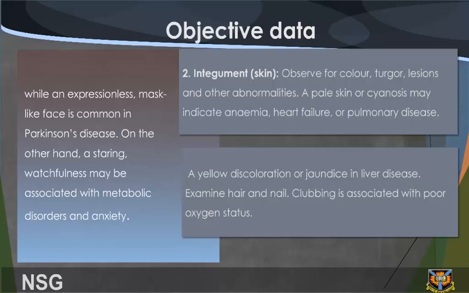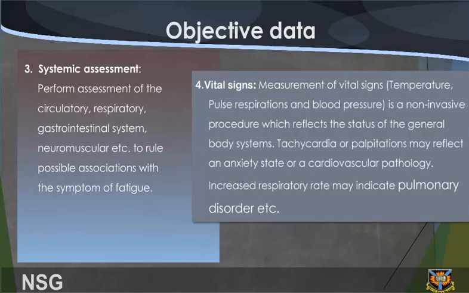Examine hair and nail. Clubbing is associated with poor oxygen status. 3. Systemic assessment. Perform assessment of the circulatory, respiratory, gastrointestinal system, neuromuscular, etc. to rule possible associations with the symptom of fatigue.